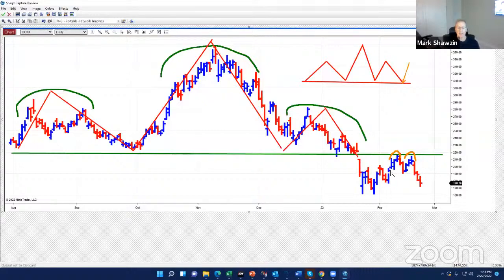And again, a double top is exactly what it sounds like. Makes a new high, backs off, retests it, and now you've got this intermediate bear pattern. So you have the head and shoulders here, you have the double top there, and all of these patterns start telling you the market is going lower. So the market actually tells you where it wants to go.